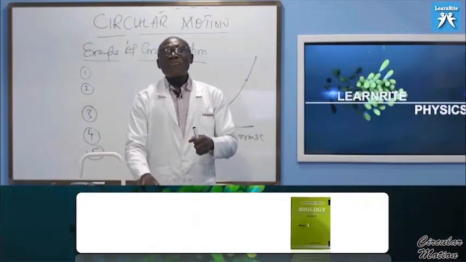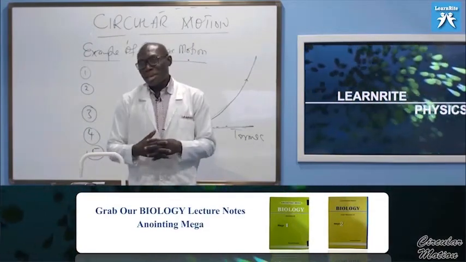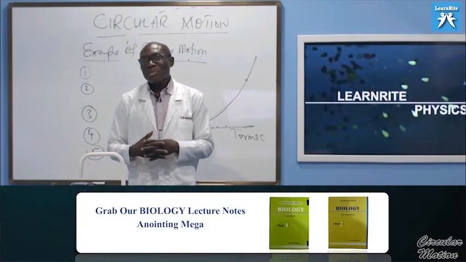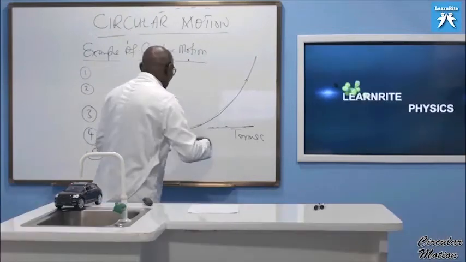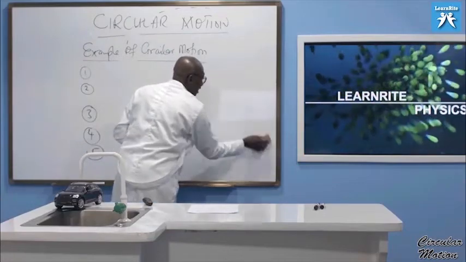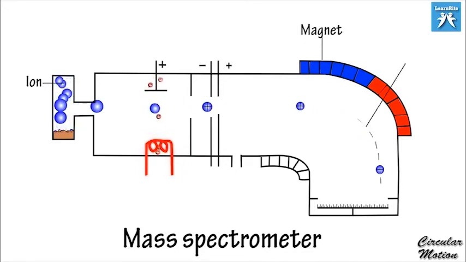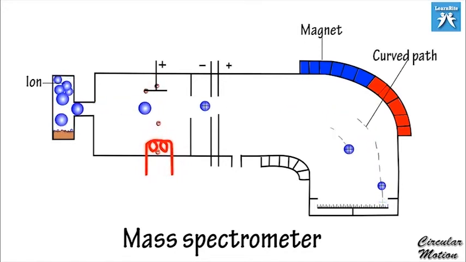If you happen to have an instrument they call the mass spectrometer, this mass spectrometer has an area where there is a magnetic field. Let me take this area of the instrument we call the mass spectrometer. Now, this area has a magnetic field.